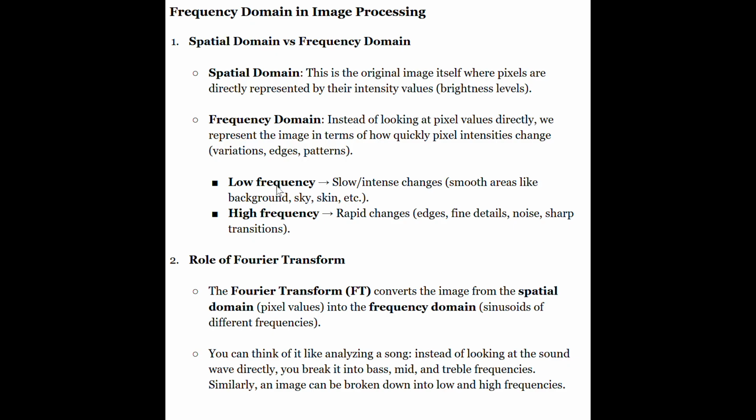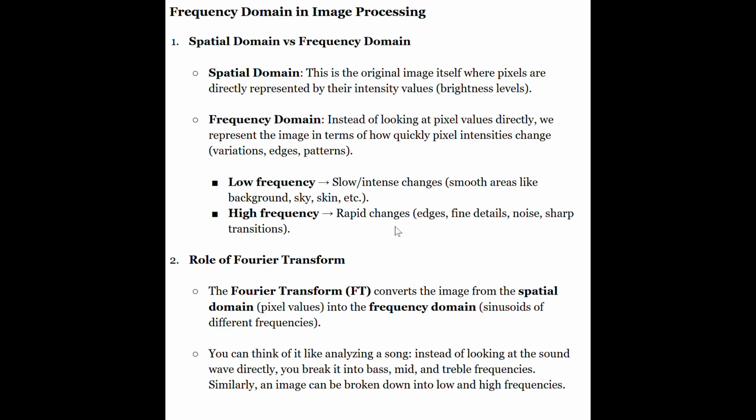So that is the low frequency. It is like a similar texture is present throughout the image. Most of the time the background has a low frequency, because almost all the pixels look similar, so there is not much intensity change between two pixels.